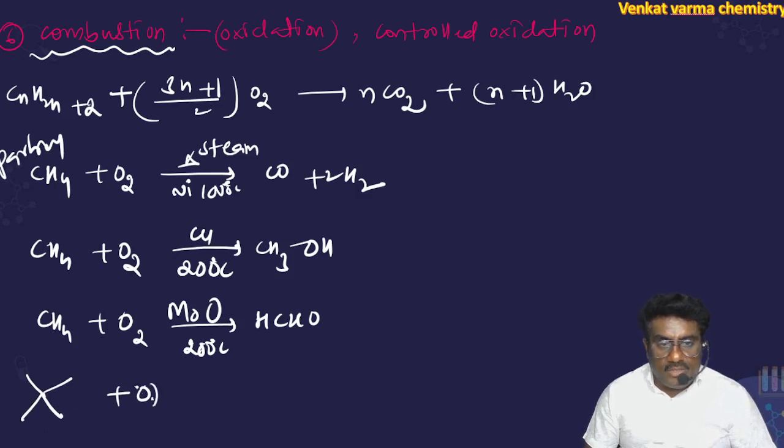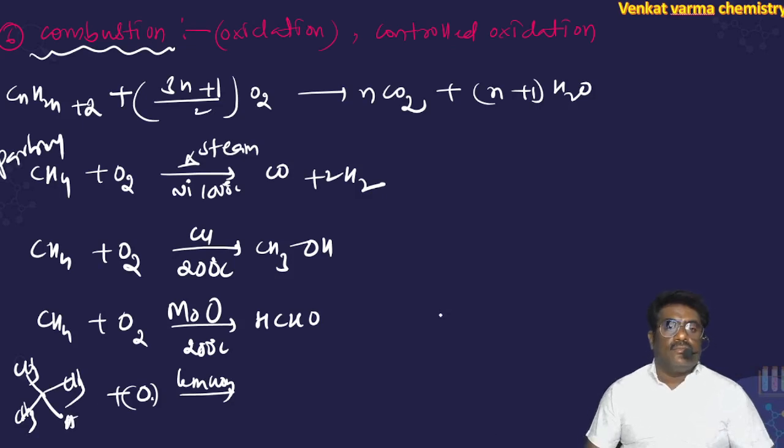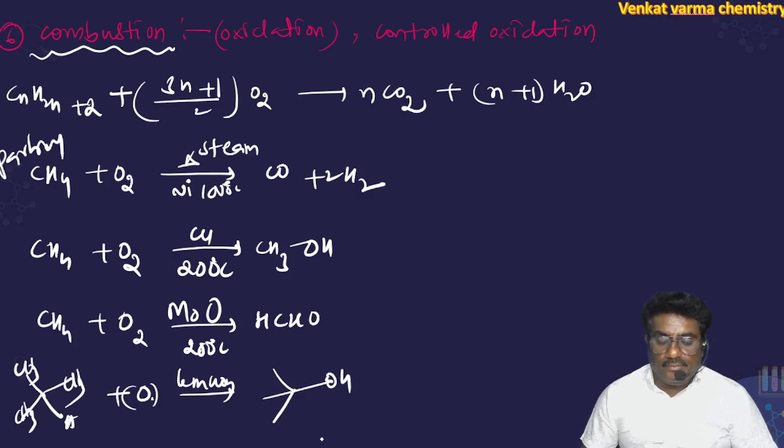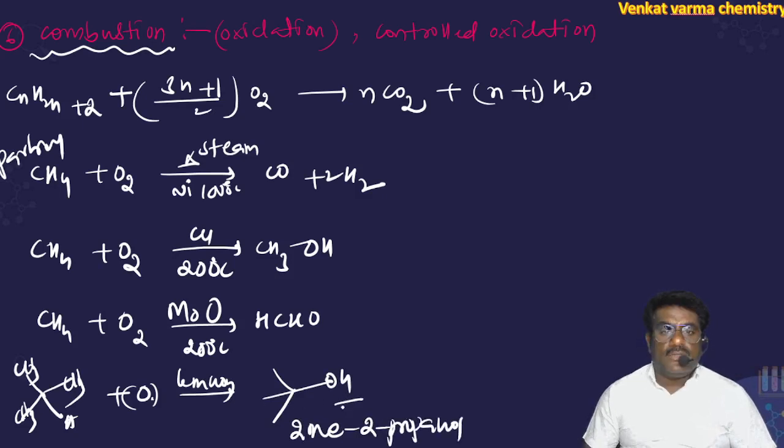Again, in presence of potassium permanganate, oxidation gives tertiary butanol, 2-methyl-2-propanol.